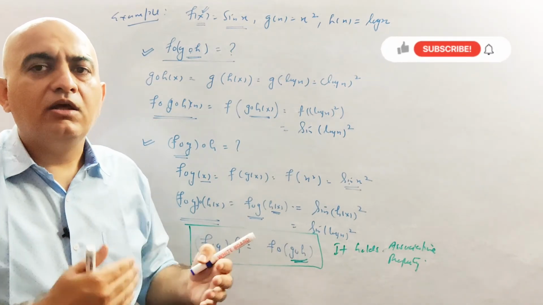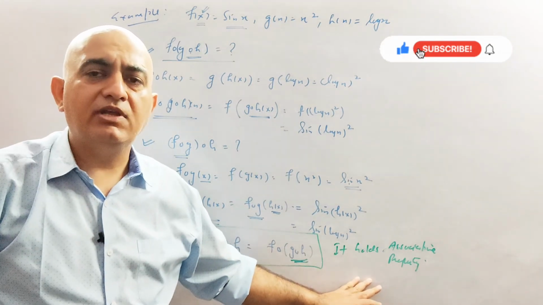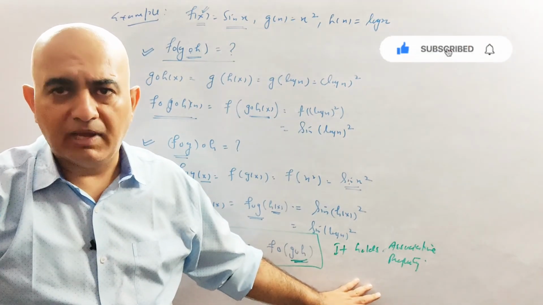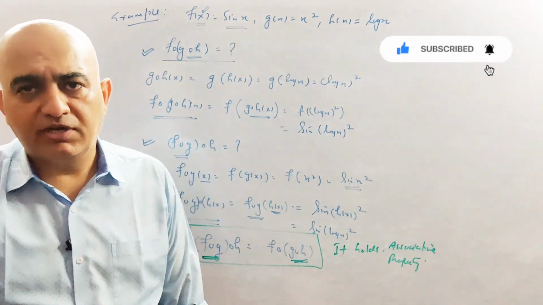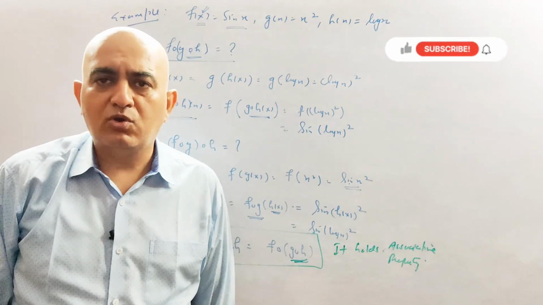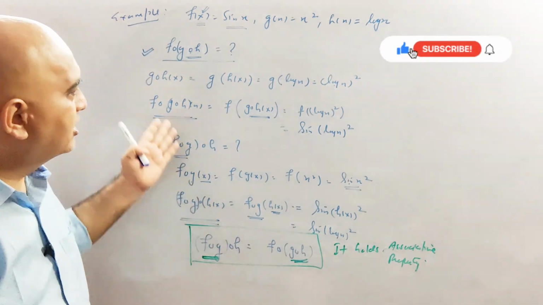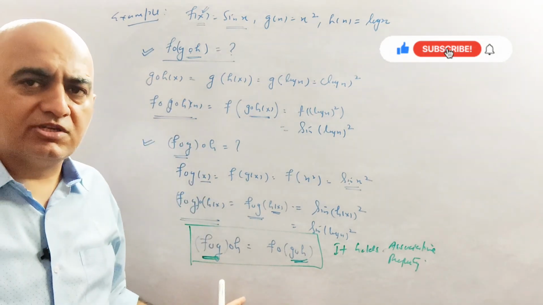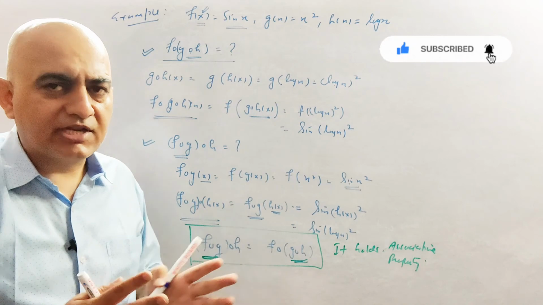So both are equal. It means this holds the associativity by the composition of the mapping. So composition of the mapping is not commutative, but it is associative in nature. So in this way, we can apply the composition rule on simple questions and on algebraic expressions or any other functions. We can apply these kinds of operations.